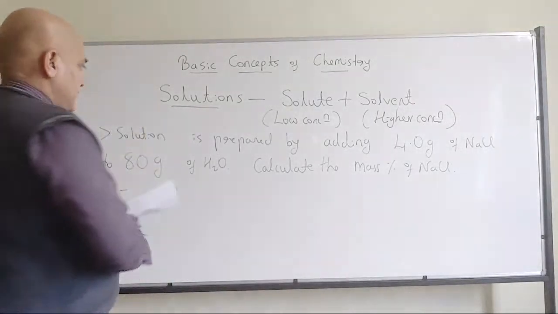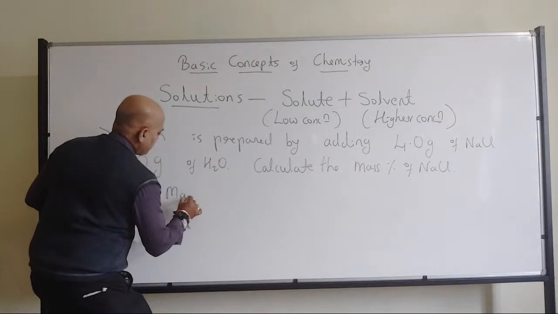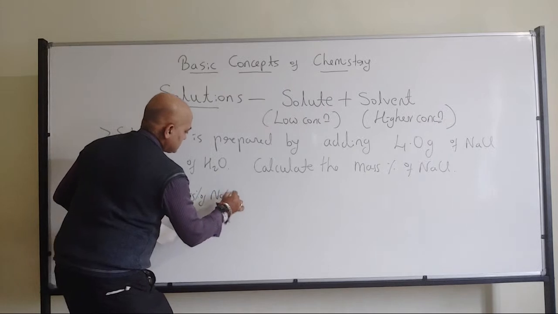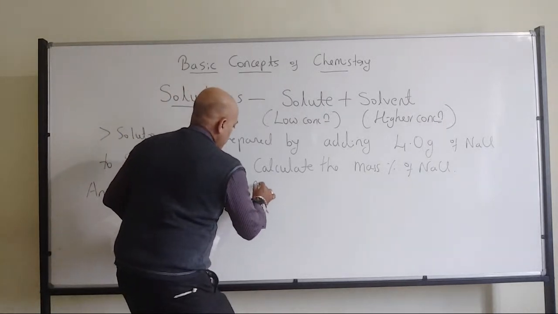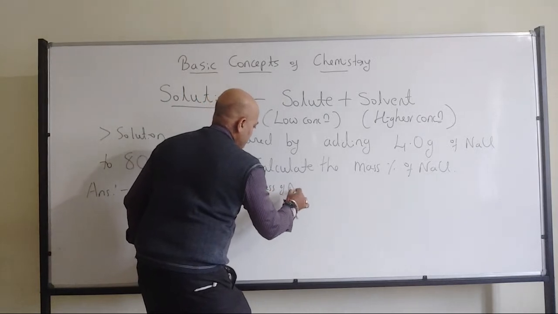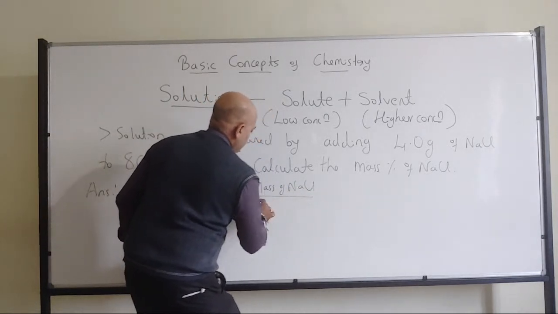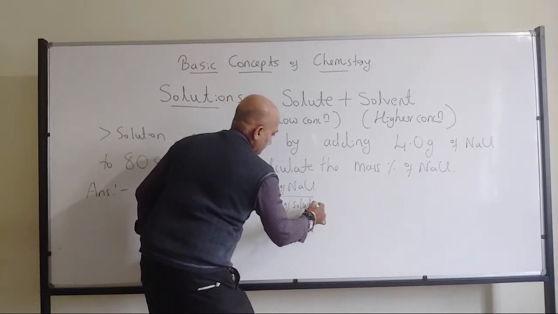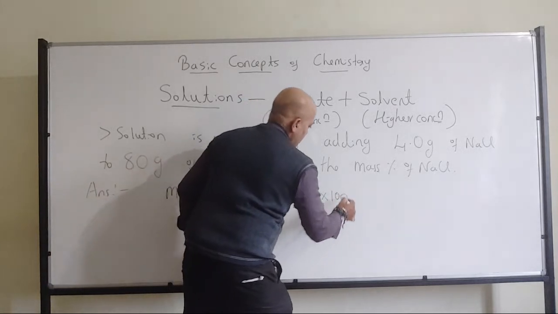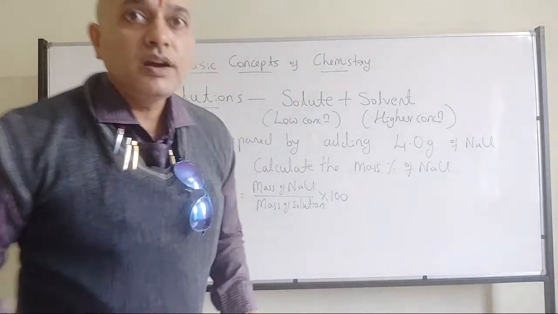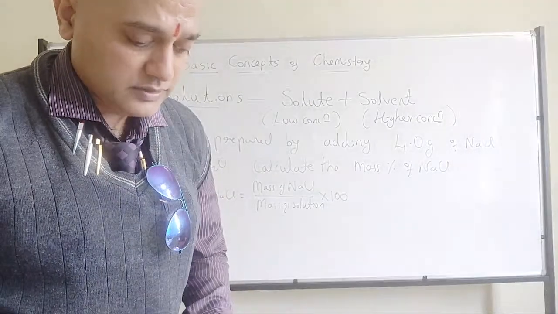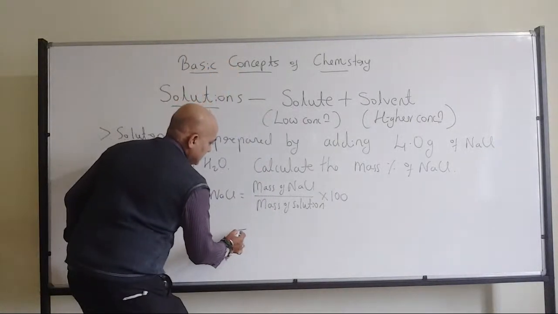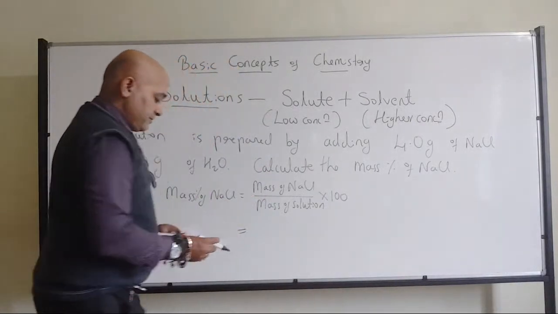We will see. So mass percentage of NaCl is equal to mass of NaCl divided by mass of solution into 100. Okay, so much answer you are getting. We will see. Into 100.